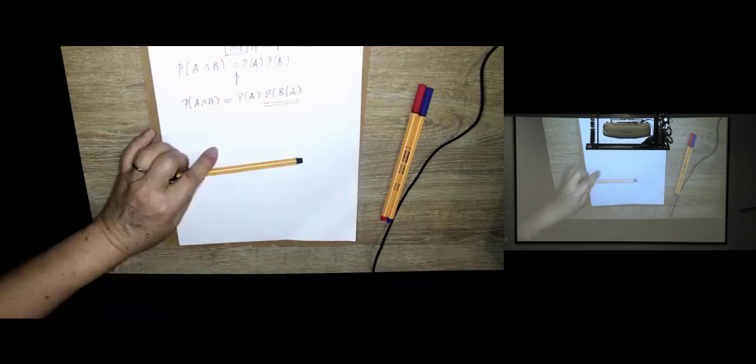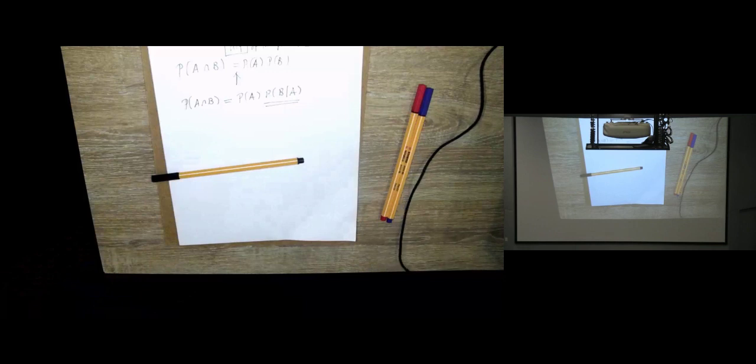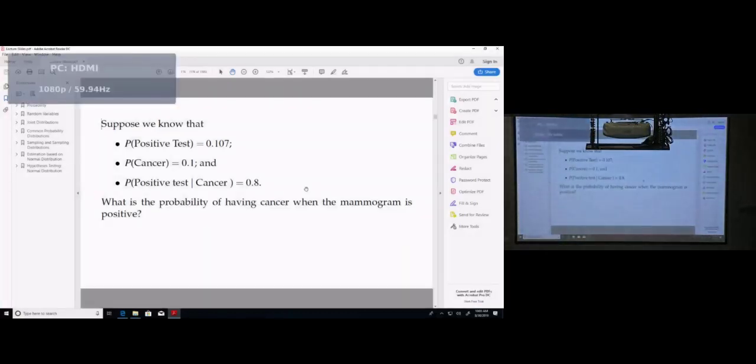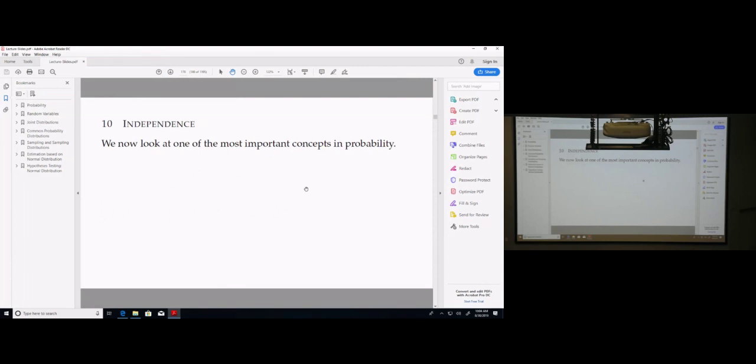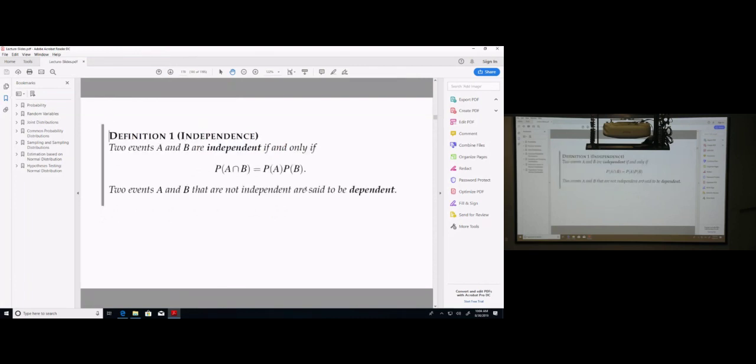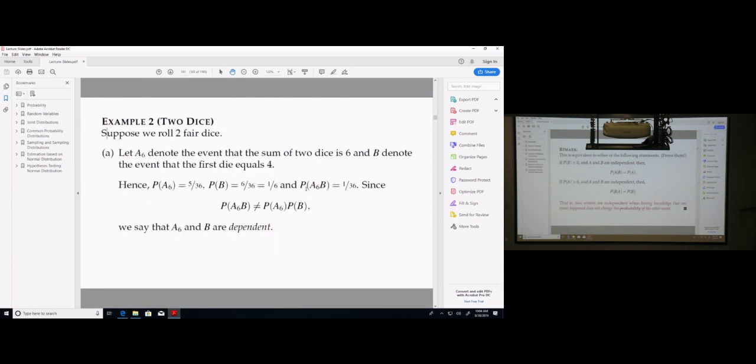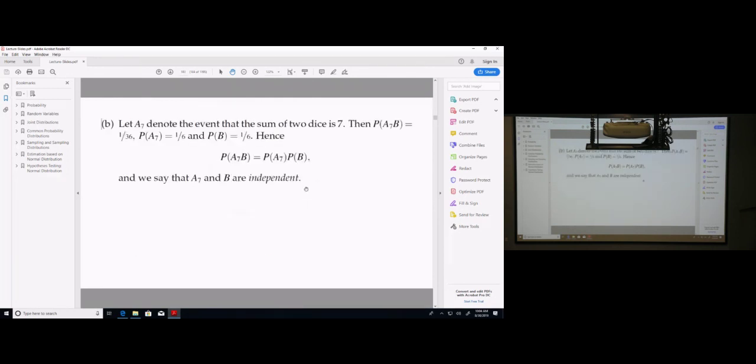All right, now I think we wanted to do some related examples. I think we have covered this example, right? And we must have covered this too.